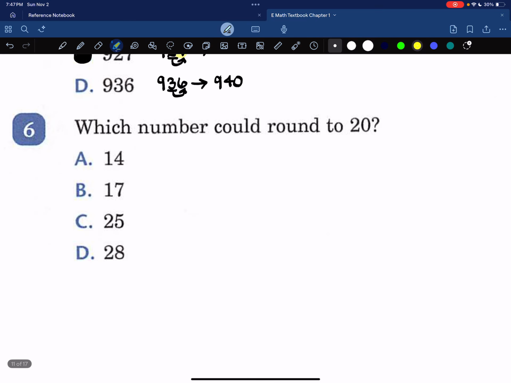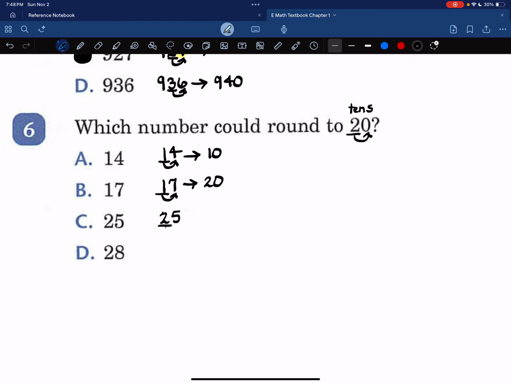Which number could round to 20? So again, we're rounding to the tens because the neighbor is the ones place and it's rounded. So we want to go to our tens place for all of these. So 14 would round to a 10. Neighbor doesn't change. 17, neighbor says round up. 25, neighbor says round up.